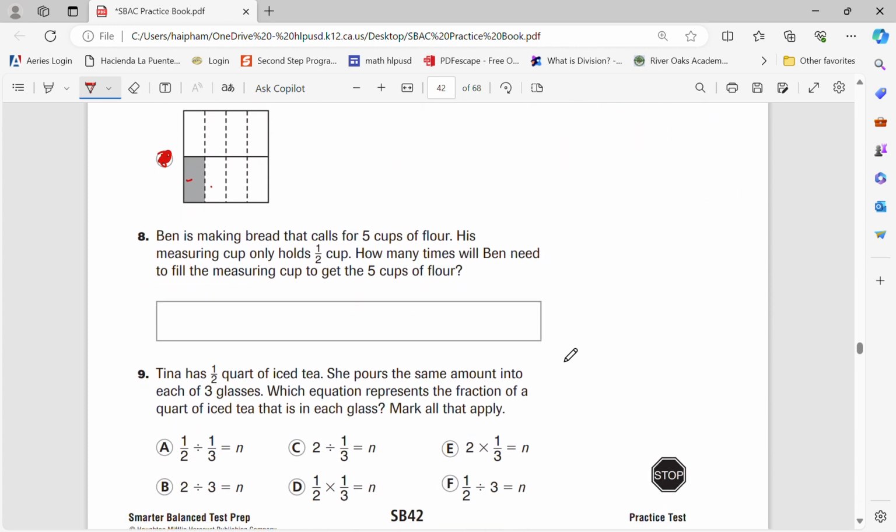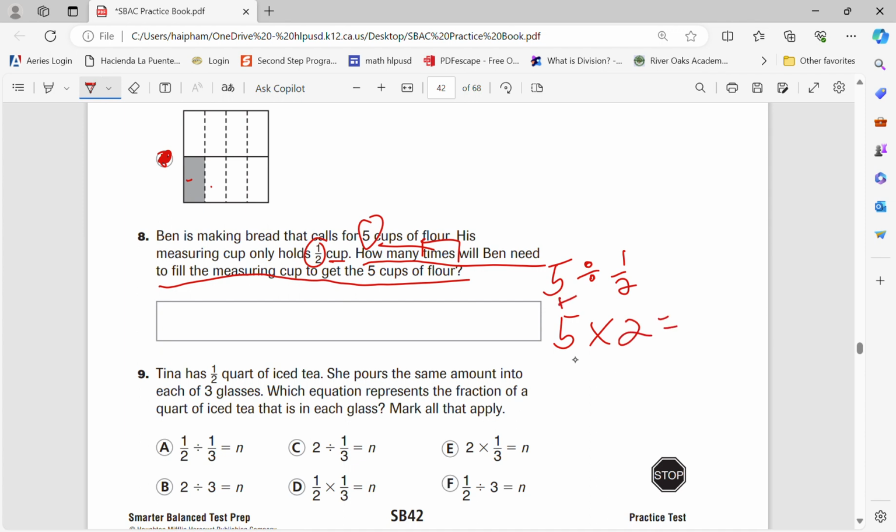Number 8. Ben is making bread that calls for 5 cups of flour. His measuring cup only holds half a cup. How many times will Ben need to fill the measuring cup to get 5 cups of flour? Alright, we have 5 divided by 1/2, which is the same thing as 5 times 2, since we are using keep, change, flip, or the reciprocal.